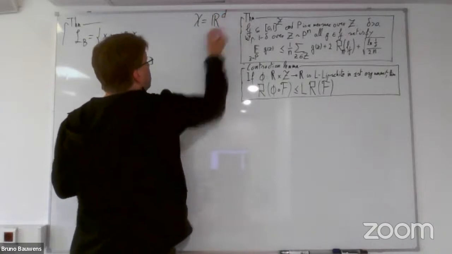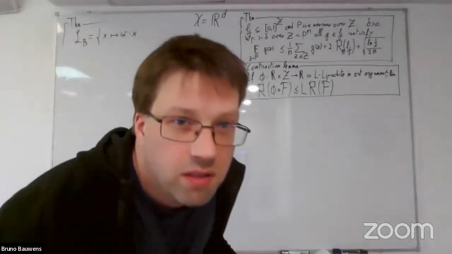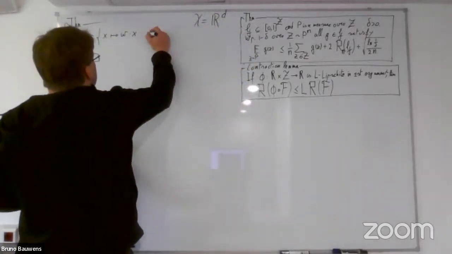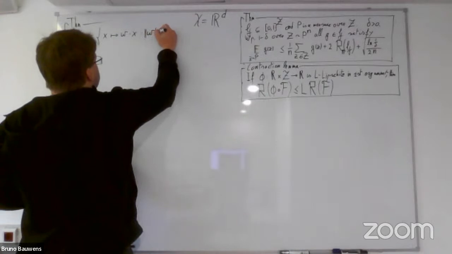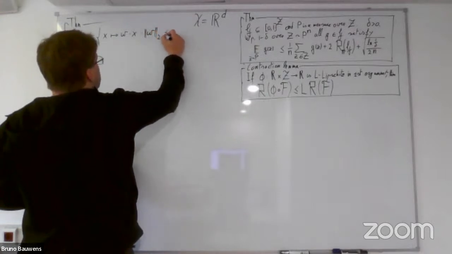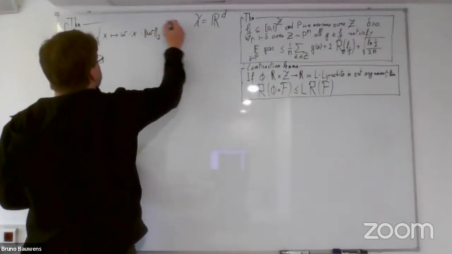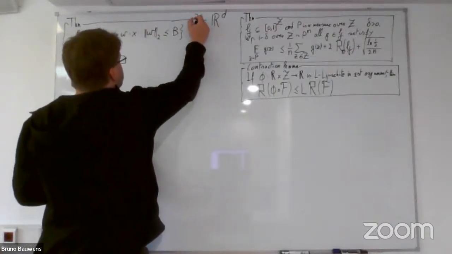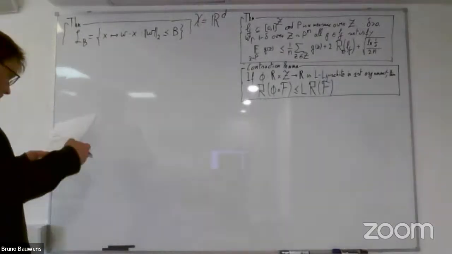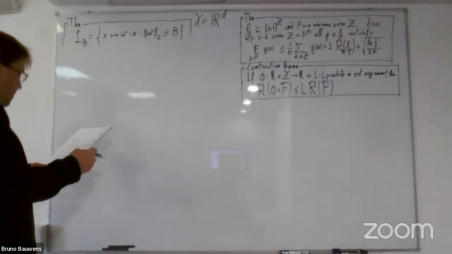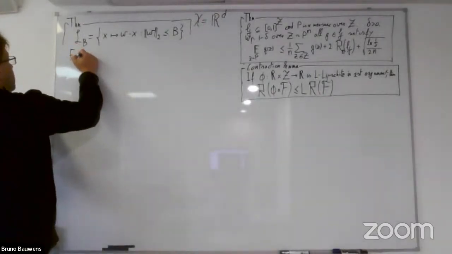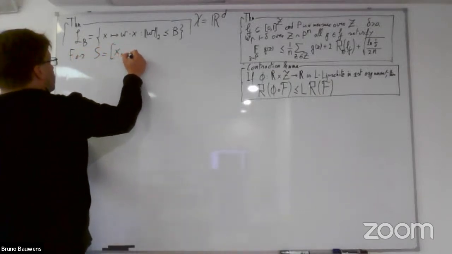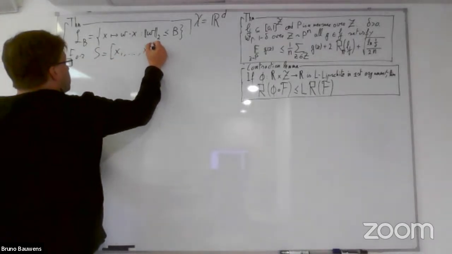Is it visible? Okay, this is clear. And we will assume that the 2-norm is bounded by a constant B. These are the functions we will use, L_B. And then the Rademacher complexity: we will take a set S equal to x_1, ..., x_n.